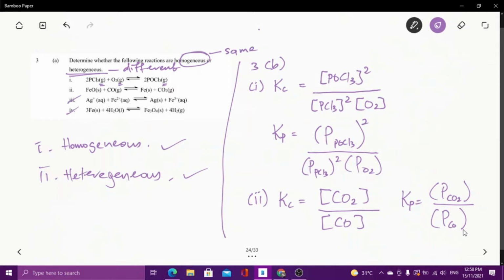Okay, so just focus on the value of yang ada aqueous dan juga yang ada gas. Jadi maksudnya kat sini, soalan yang 3 Roman ni, since dia tak ada gas, dia just aqueous sahaja dan juga solid, so dia cuma ada nilai Kc sahaja. Kp dia tak ada sebab dia tak ada gas state. Gitu. Okay. So I hope you understand about this one.